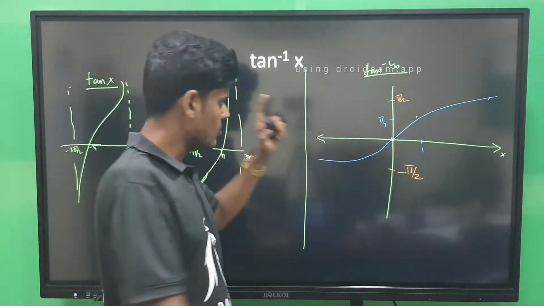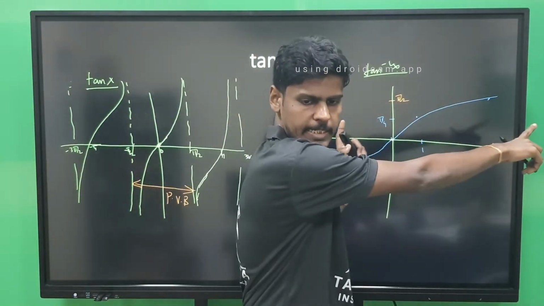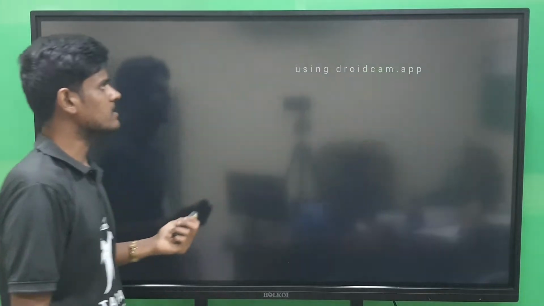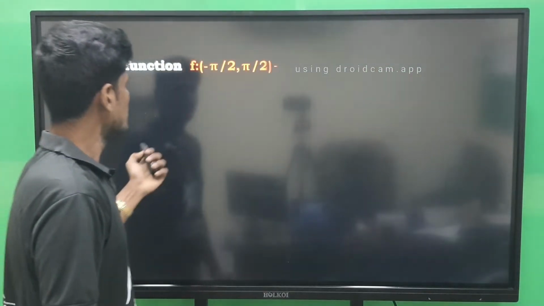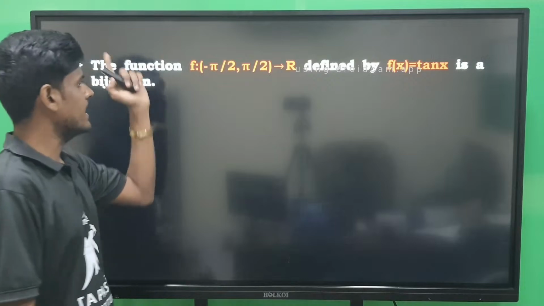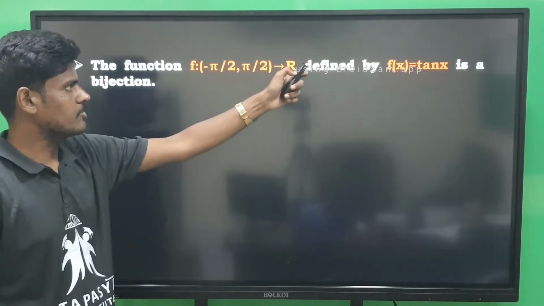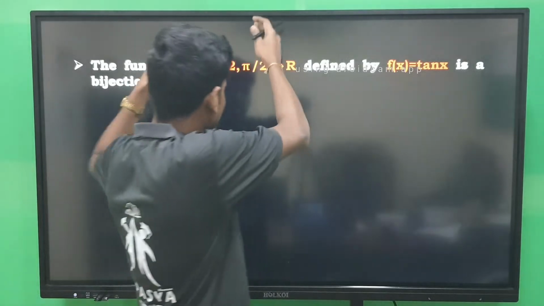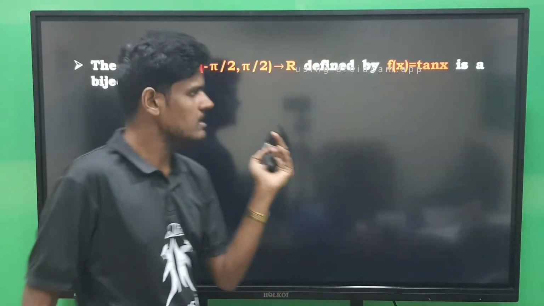And remember, domain of tan inverse x is all real numbers, and range is between minus 90 to 90 degrees. Tan x has the domain minus 90 to 90, and range is all real numbers. We are restricting the domain as well as range.